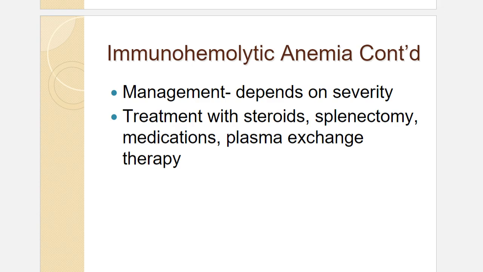So that's what we mean by the difference between warm versus cold, okay? The warm antibody anemia is most common with women. And obviously it depends on the severity of the anemia, and the warm is obviously the most common type of the two.